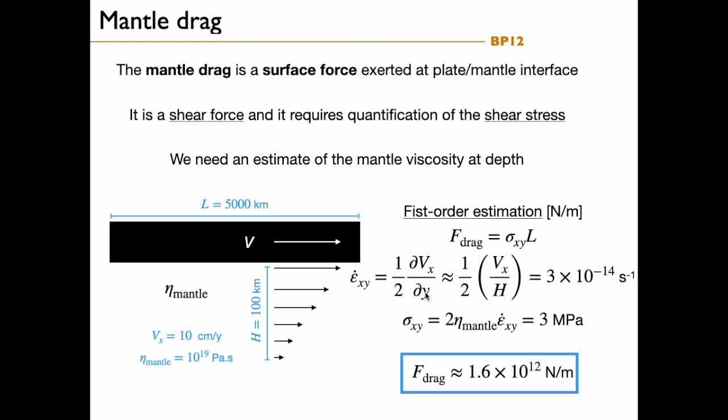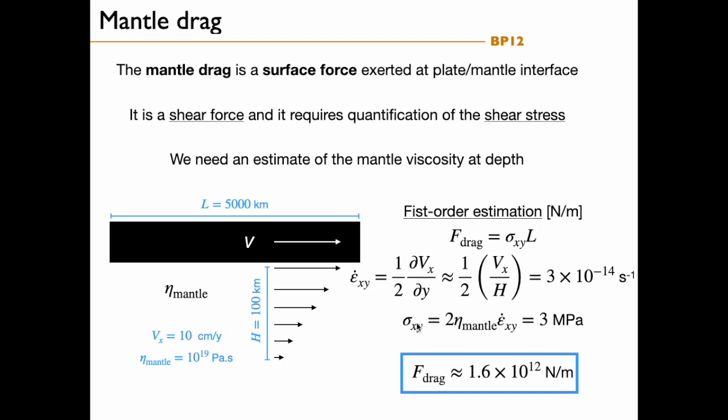We approximate dvx/dy by Vx divided by h. So we take the velocity of the plate at this point minus the velocity in the mantle far away from the plate, which is 0, divided by the distance, Vx divided by h. This gives an estimate on the order of 10^-14 s^-1.